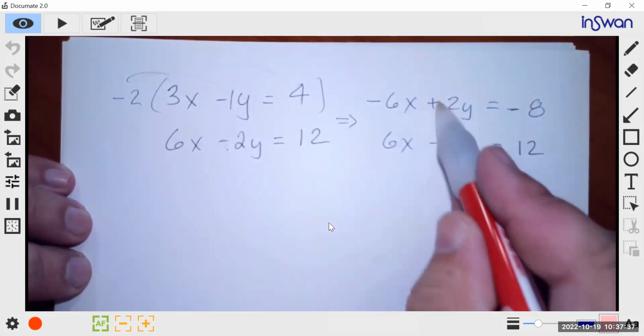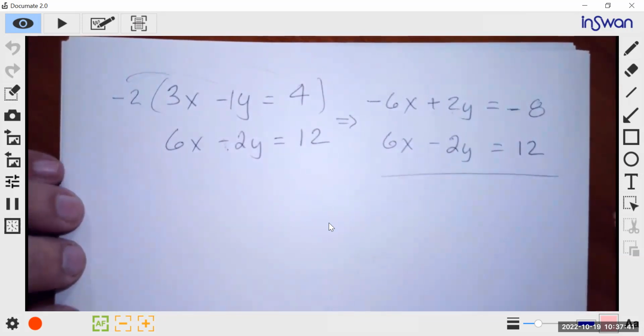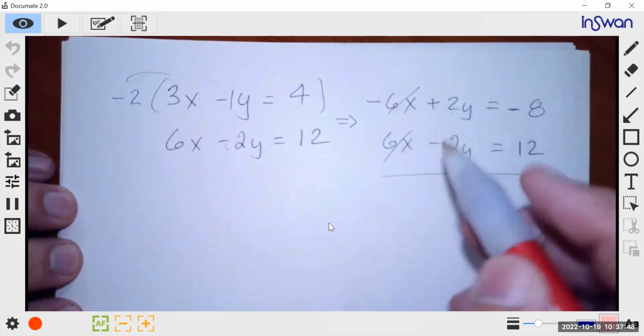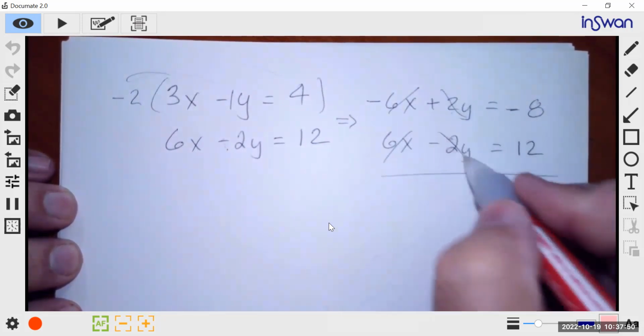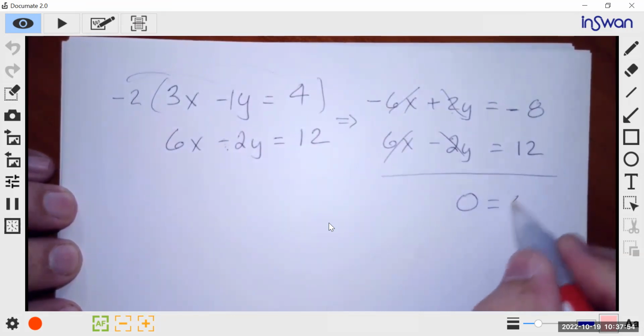We have the same number, different signs. If we add them, what happens? The -6, +6 cancel. 2, -2 cancel. So we have 0 equals 12 minus 8 is 4.